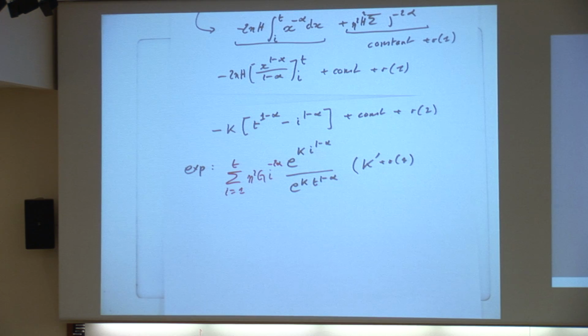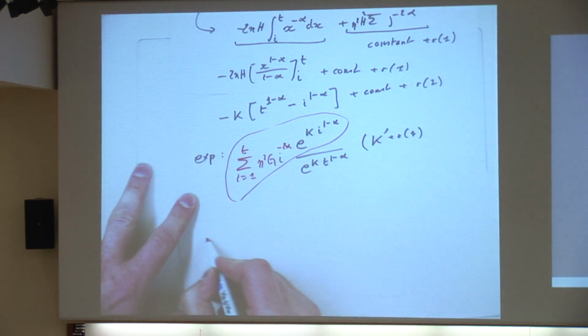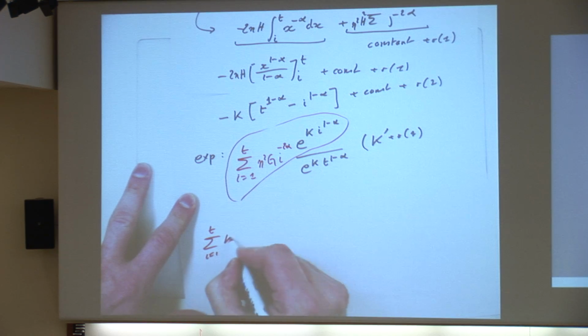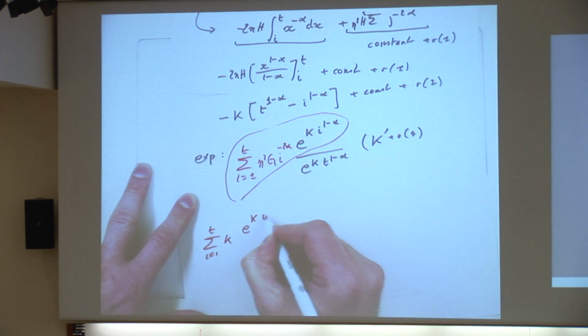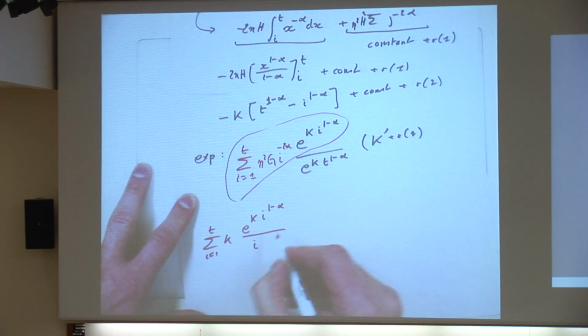Well, this is another sum, another integral. So I'm going to look at this now. It's the sum over i equal 1 to t of some constant exponential k i^(1 - alpha) over i^(2 alpha).